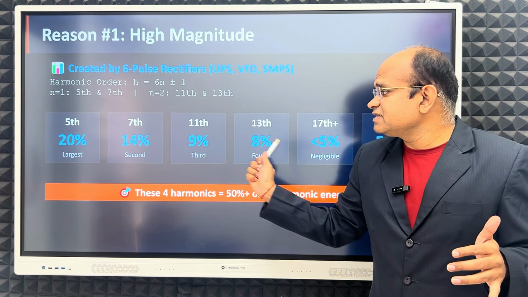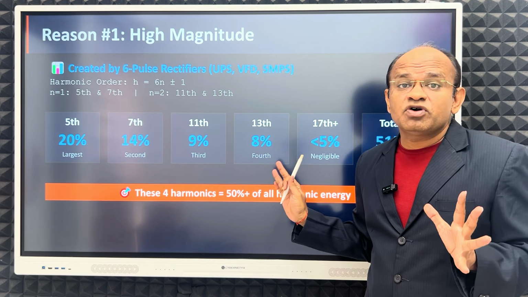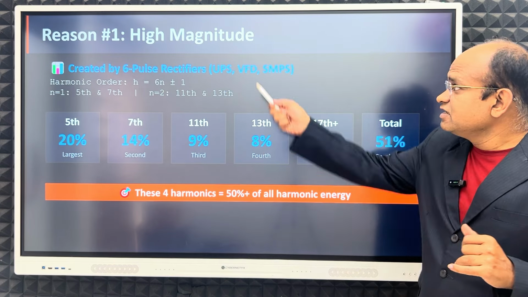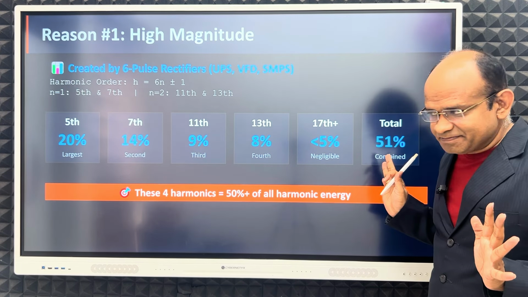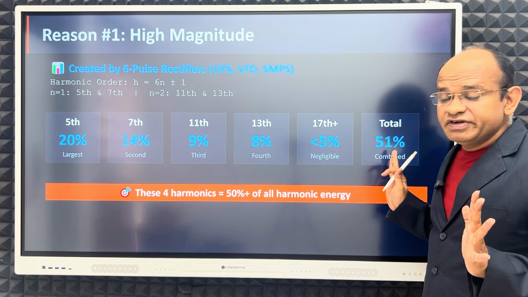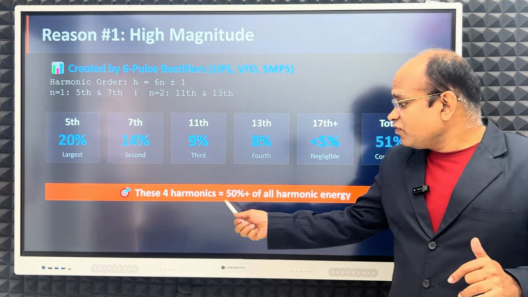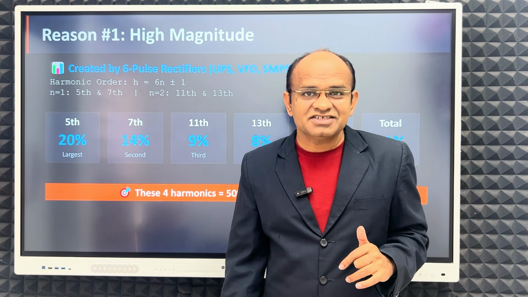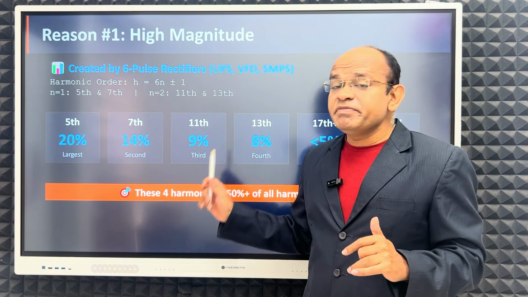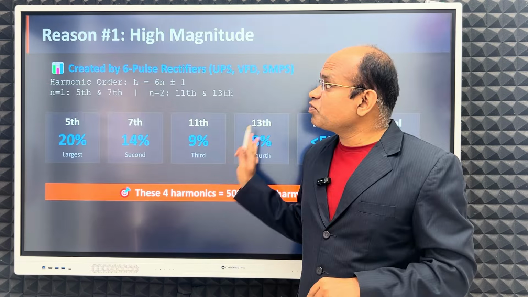So up to this, a good amount of harmonics are created. So magnitude is high, total is 51%. These 4 harmonics are equal to 50% of all harmonic energy. So these are the major contributors. That is reason number 1.